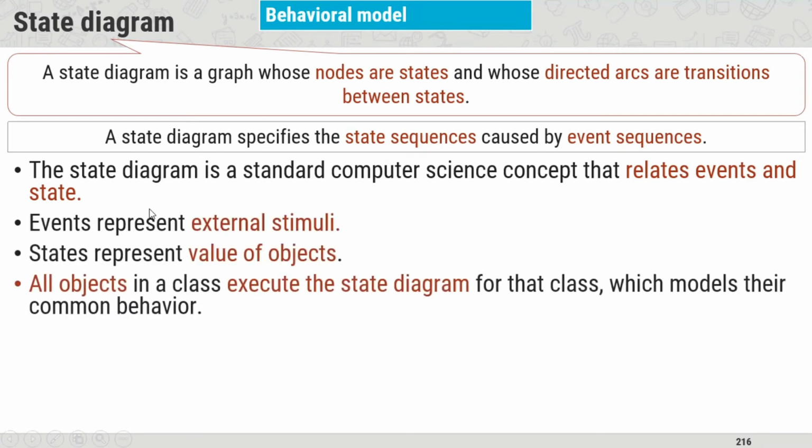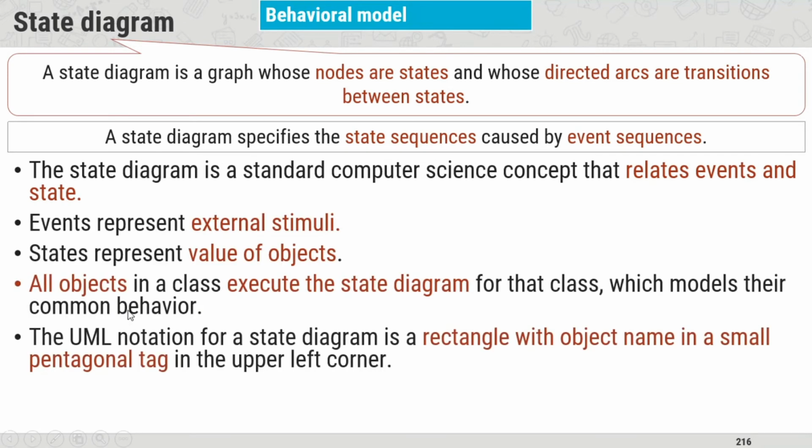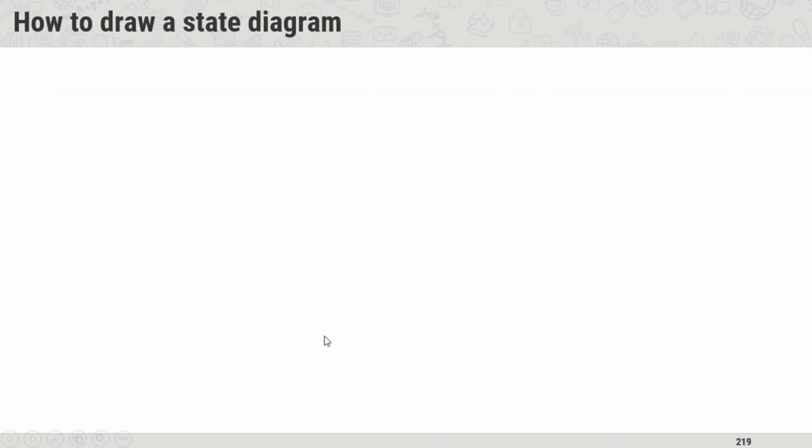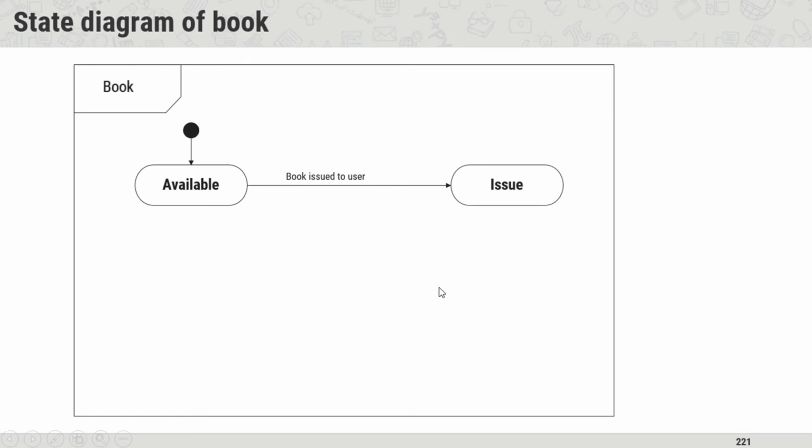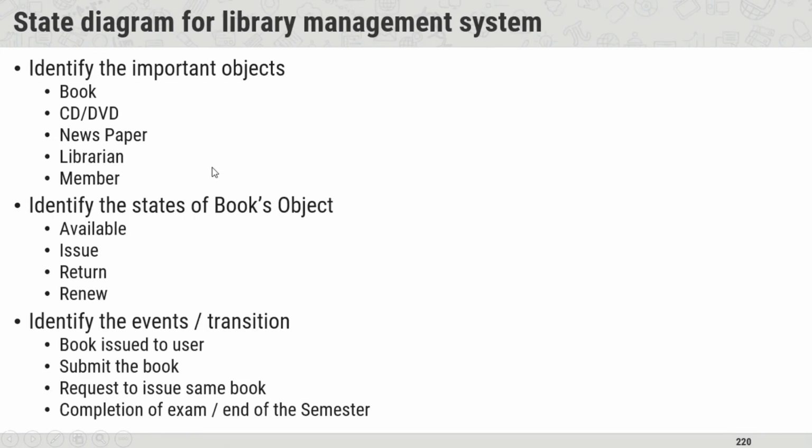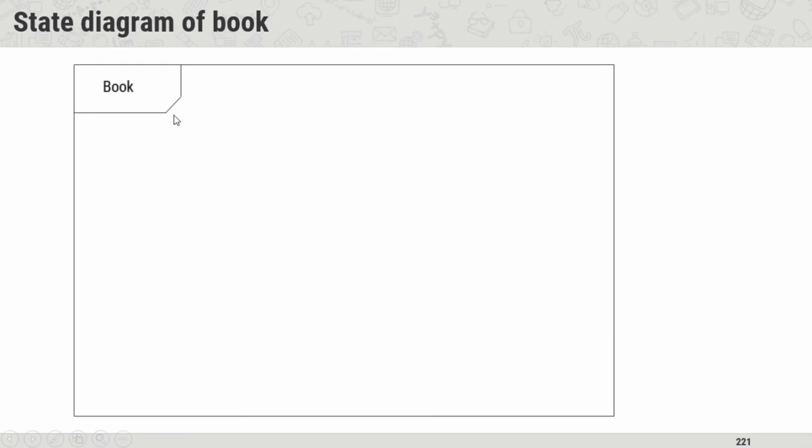So for example, this is an example of a state diagram. Here, for one particular important object, we draw the state diagram. There are different things for which you can draw a state diagram, but here we are drawing it for one object.